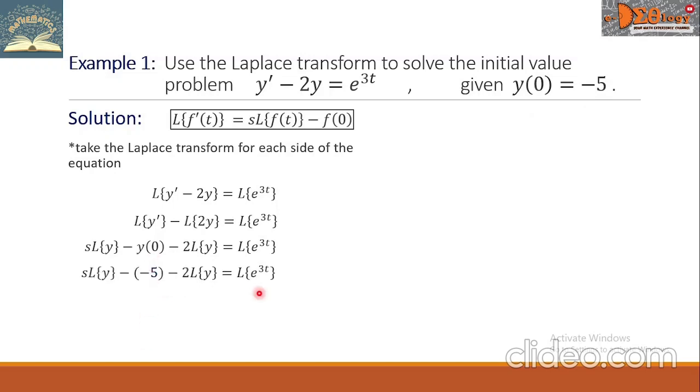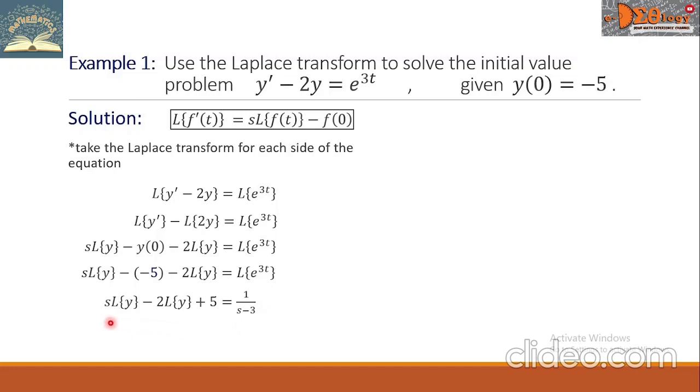Let us simplify further. We can see that we put together all terms with L of y close to each other. This negative of negative 5 becomes plus 5. And on the right side, we simplify the Laplace transform as 1 over s minus 3.